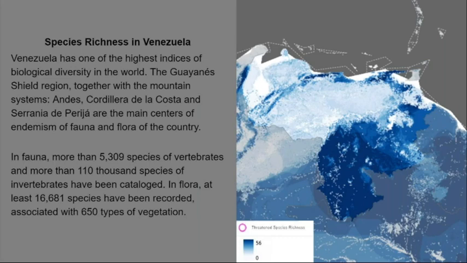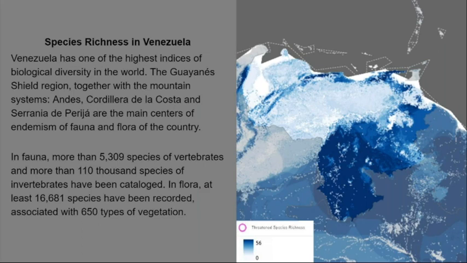In fauna, more than 5,309 species of vertebrates and more than 110,000 species of invertebrates have been cataloged. In flora, more than 16,000 species, up to 60,000, have been recorded, associated with 650 types of vegetation.